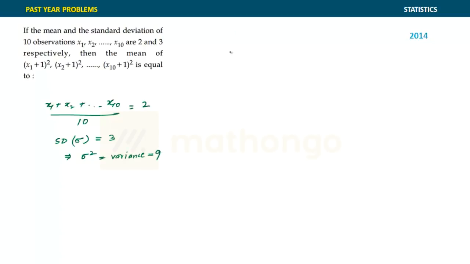Now we need to find the mean of these new numbers, which would be when you divide by 10. This is what you need to find. Let's quickly split it up.